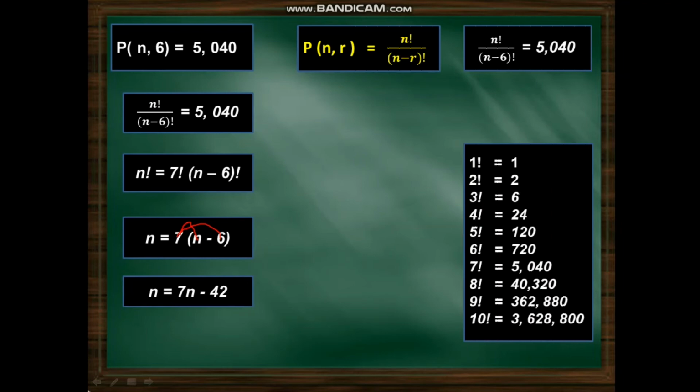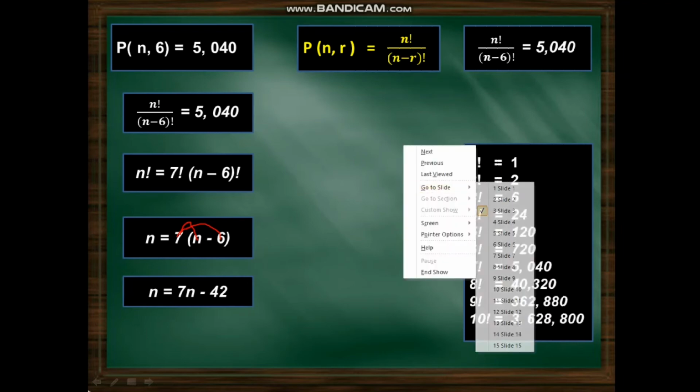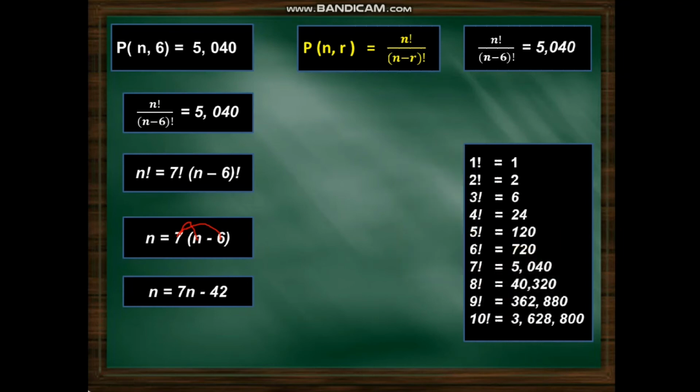Pagkatapos po natin gawin yan, lilipat po natin yung atin pong 7n dahil siya po ay meron pong n, which is like terms. Ibig sabihin nun, we will just simply combine like terms. So, since that is positive, 7n magiging negative.